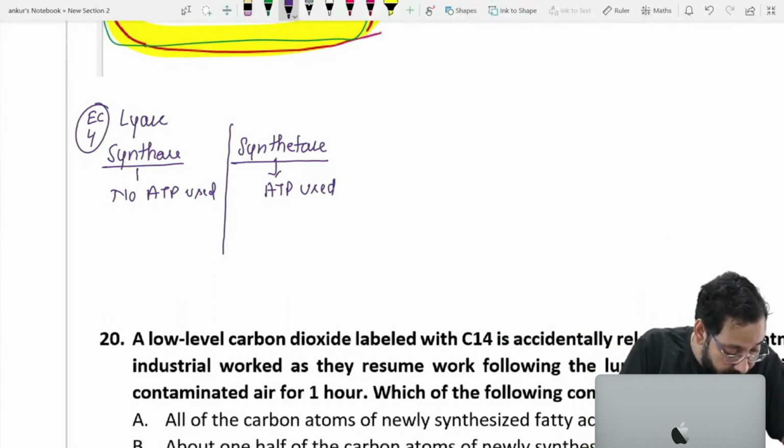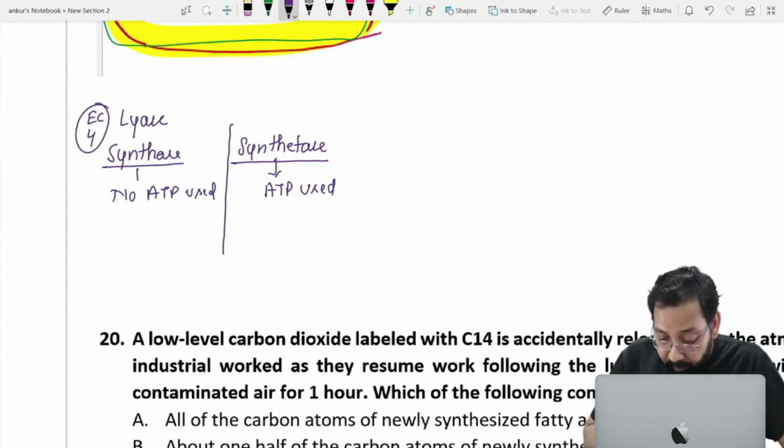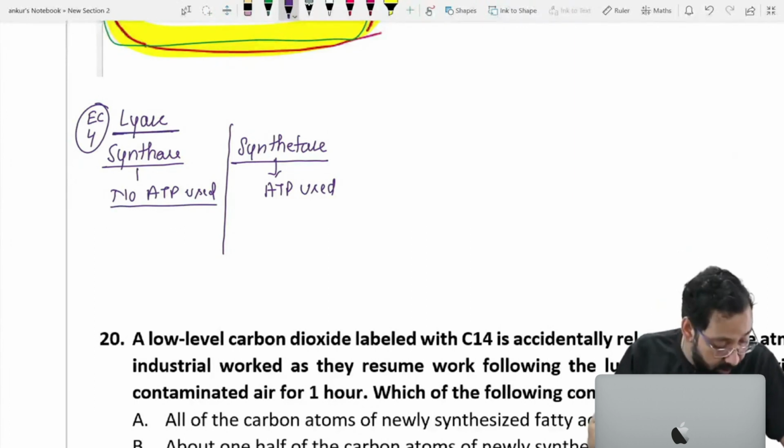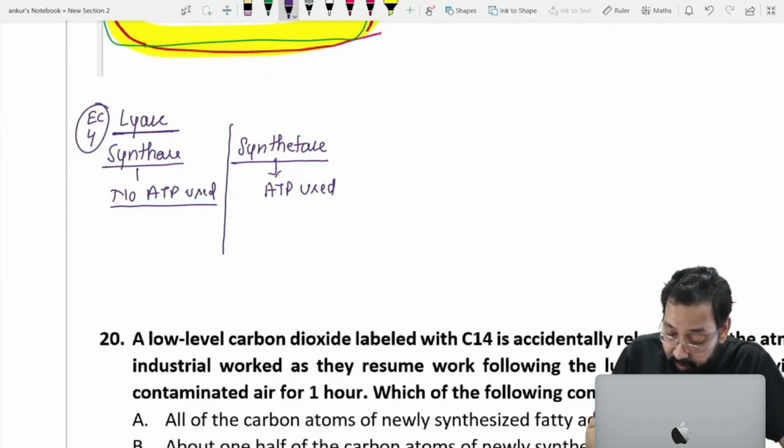Yes, glycogen synthase is a transferase. Very good. So mostly synthases are lyases, except a few, just like glycogen synthase is a transferase.